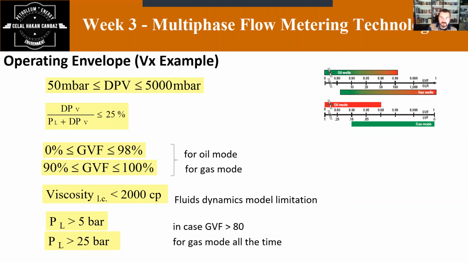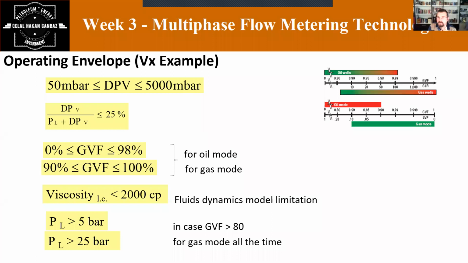The second one is dPV divided by line pressure plus dPV volume. This ratio is important because it describes the sonic index condition. If it is above 25%, then the Bernoulli equation cannot be used.